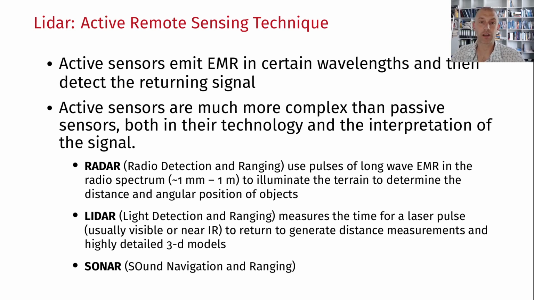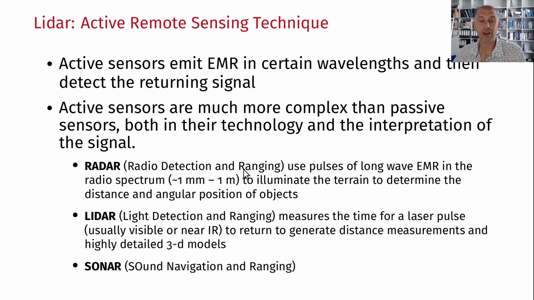This is fundamentally different to passive systems such as Landsat or Sentinel-2. Active sensors are often more complex than passive sensors, but they also give you more opportunities to observe and record data. Examples of active remote sensing instruments are radar, which stands for radio detection and ranging.